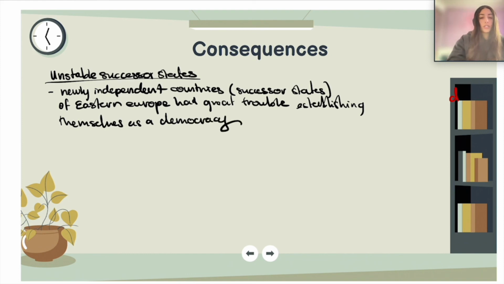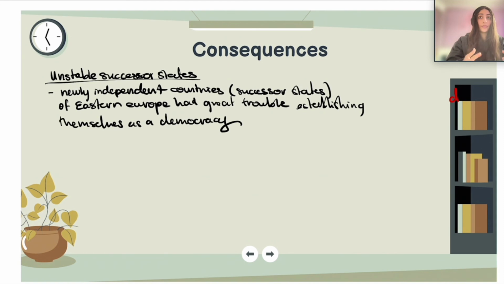And so, of course, this is a problem because now even new successor states within Europe, not only Germany, are having serious trouble establishing a sort of stable government system. And of course, that is a problem socially, economically, and politically.